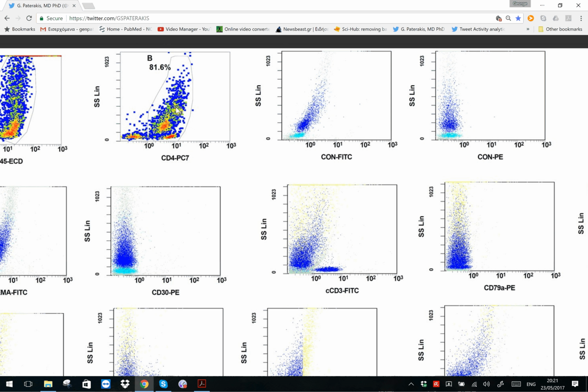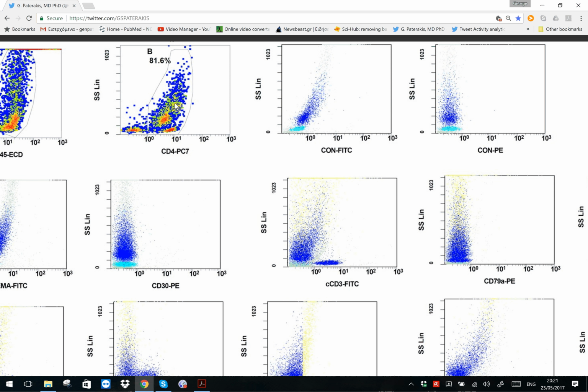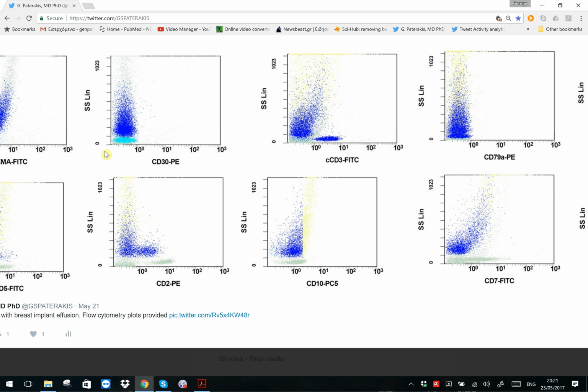Equally negative is cytoplasmic CD3 in the high scatter cells, which are supposed to be the abnormal cells, while mature small lymphocytes have cytoplasmic CD3 positive, as expected. Other antigens concerning B cells are negative, like CD79A, which should be positive in a primary B non-Hodgkin lymphoma of the breast.